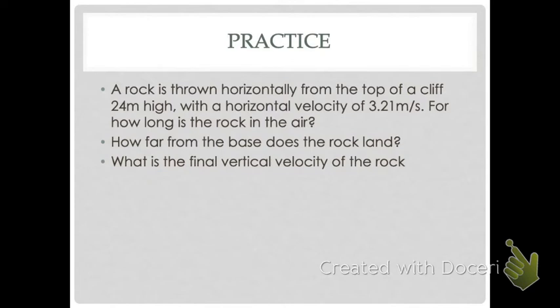So we're going to look at 3 different things here, but our motion diagram pretty much looks the same, right? We've got some cliff. Our object's going to go off the edge and then it's going to fall. It says our cliff is 24 meters high. So this clue right here, thrown horizontally, tells me what about VYI?